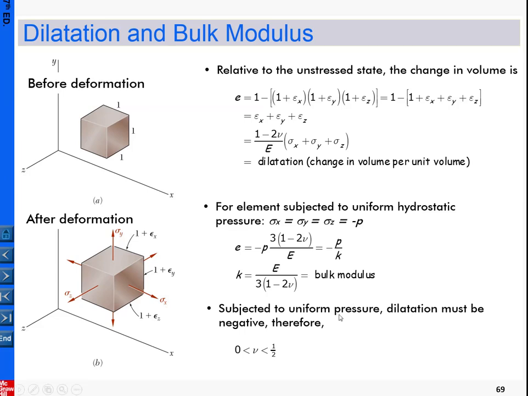One thing I want to mention is that this dilatation E must be negative, so that implies the Poisson ratio must be in this range. And even I can tell you in all the natural materials, the Poisson ratio is confined in this limit. So basically, for all the natural materials we should expect a positive bulk modulus.